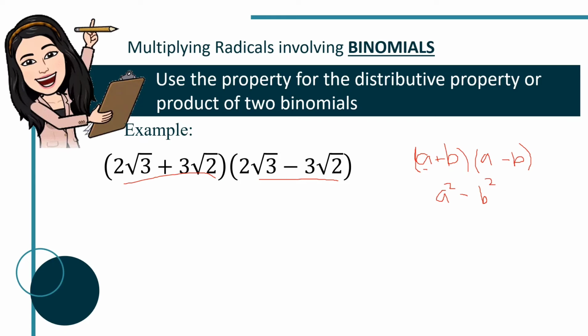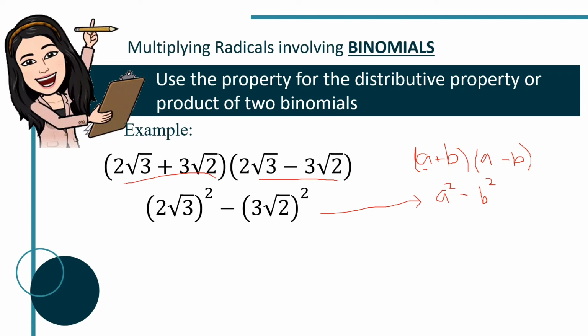I-apply din natin to. Kunin natin ang square ng first term. We have 2 square root of 3. Kinuha yon ang square. Nakuha yon? At yung last term, which is 3 square root of 2, kukunin din natin square. So, ito yan. Parehas lamang sila. Okay? Nakita nyo? Okay. So, here, let us simplify.